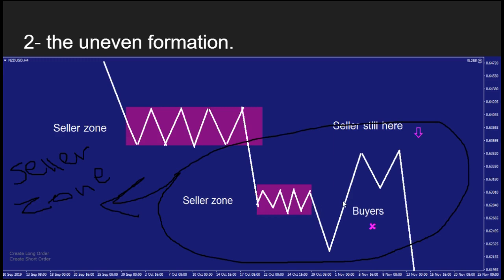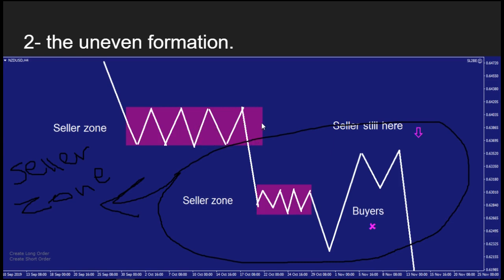If I don't find buys here, I will still be looking for sells here, because this is a selling zone. When the market comes back to the seller zone, I will be looking for sells. If the market didn't give me what I needed, I wait and see what's going to happen. Are we going to form the uneven formations? That's fine. I'm going to wait for the other seller zone.